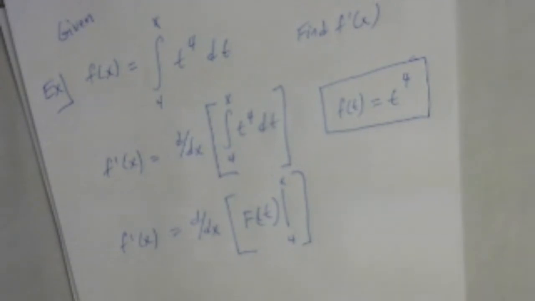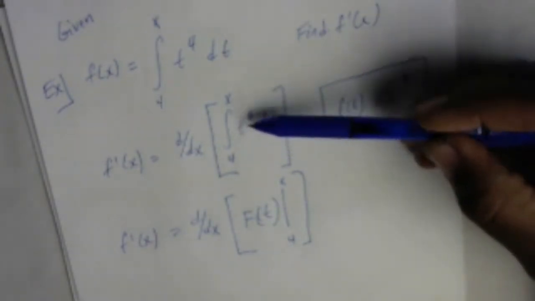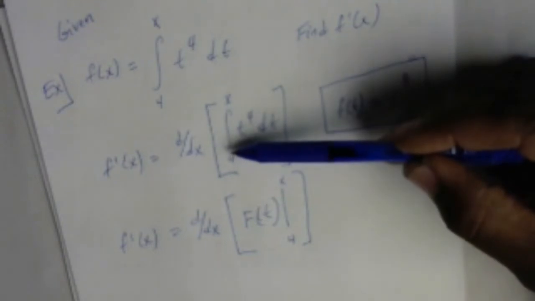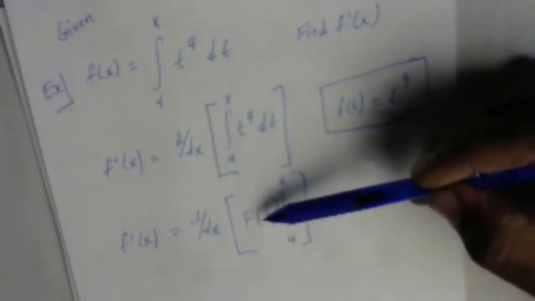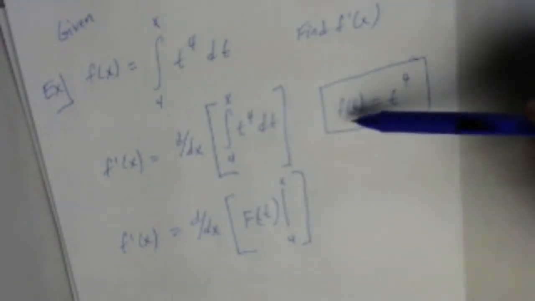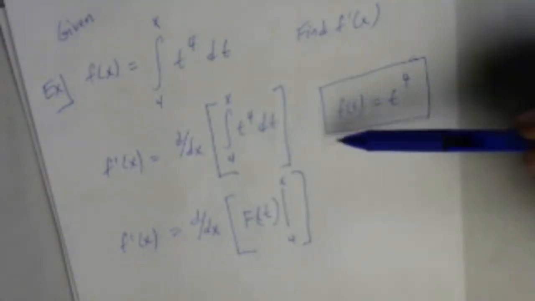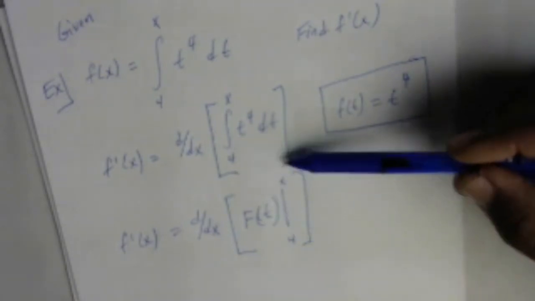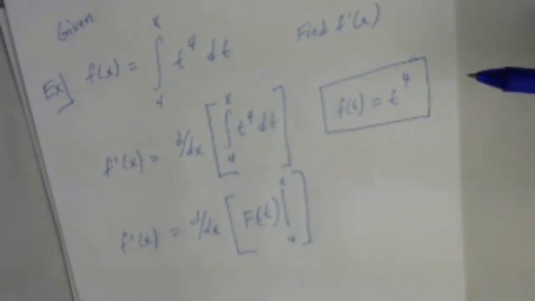All right, so what have I done? I mainly substituted this integral symbol for the capital F. So this capital F of t is the integrated function, and my limits are from 4 to x. So I'm going to use the fundamental theorem of calculus part 2.